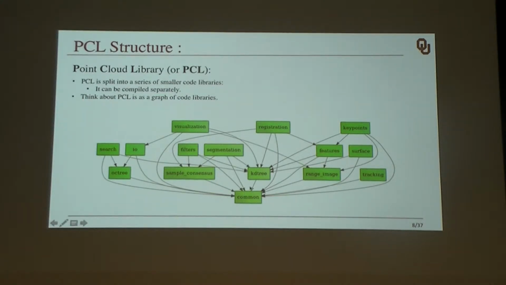If you want, for example, to do segmentation for the point cloud, you just need the segmentation module and the common module. If you want, for example, to use some optimization algorithm that is in another module to do segmentation, you have to combine both of these algorithm modules with this one. So it's organized in a well-structured way. It consists of small libraries.